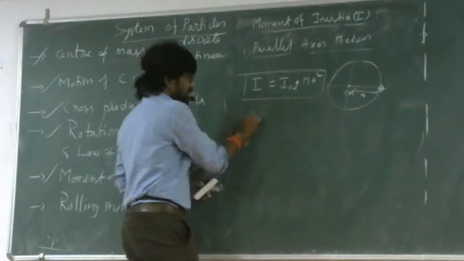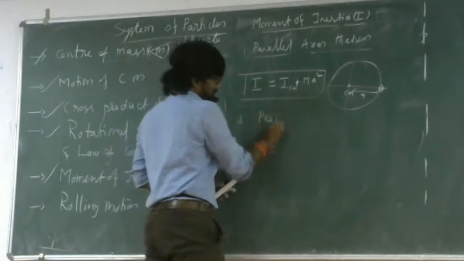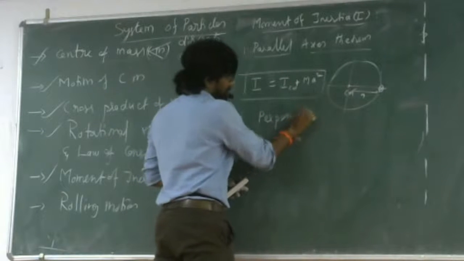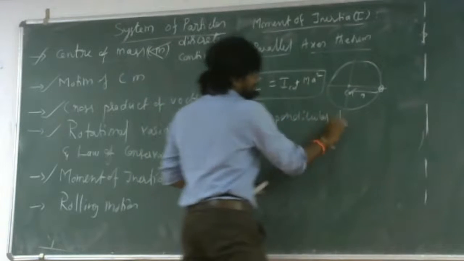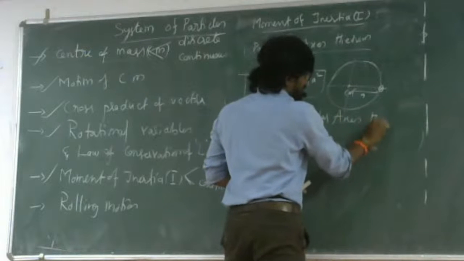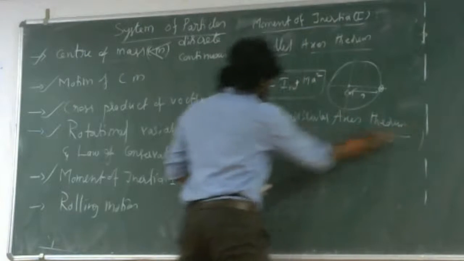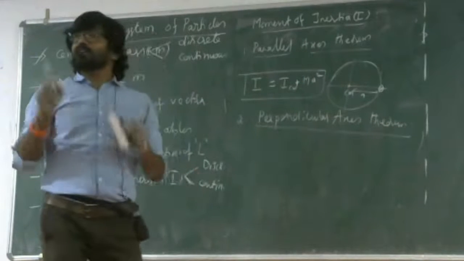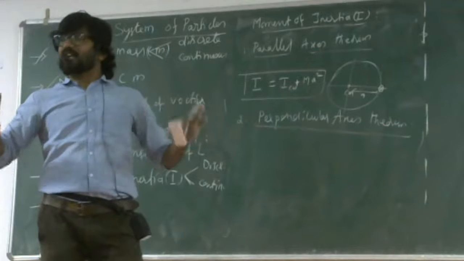Whereas the second one is the perpendicular axis theorem. As I said, it is applicable for two-dimensional bodies only, like discs or laminas.